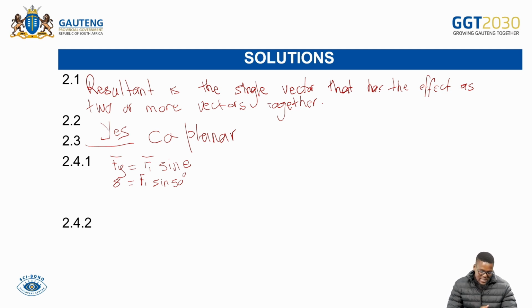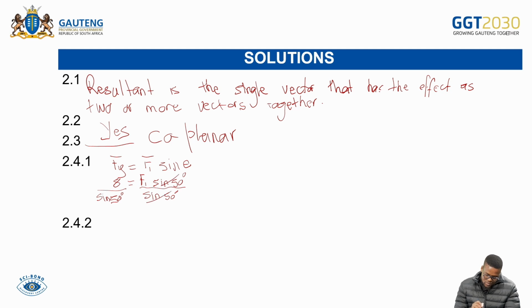Now in our questions, they gave us that component, which means we need to find the force, right? Since you've got the Fx component and the Fy component, you can choose. Let's just do both and see if we get the same answer. What do we do from here? Since you are not looking for sine 50 F1, you can simply divide by sine 50 degrees on both sides.